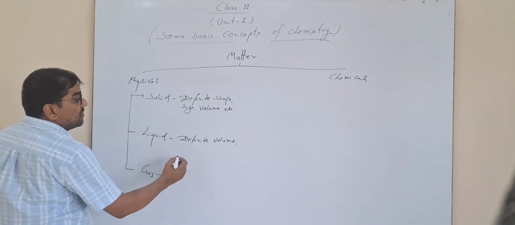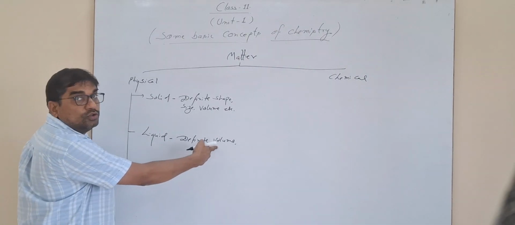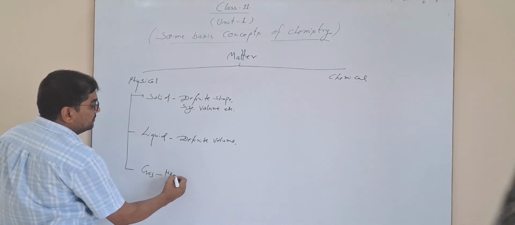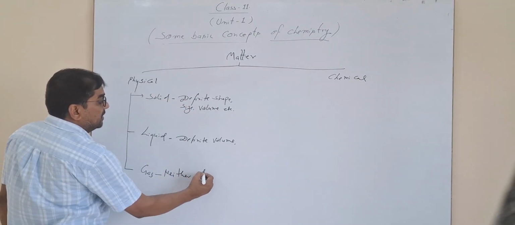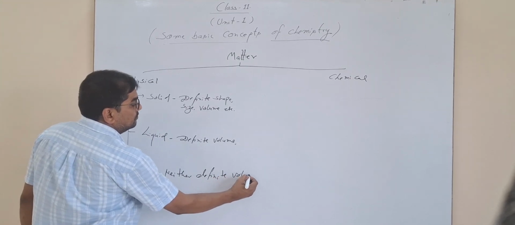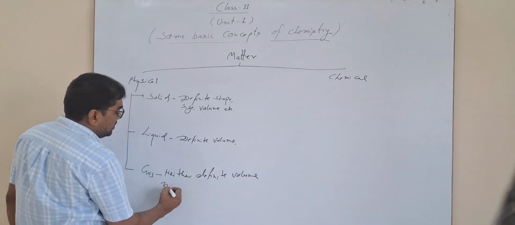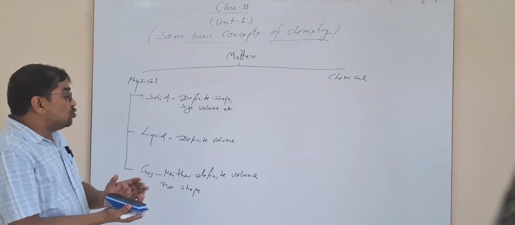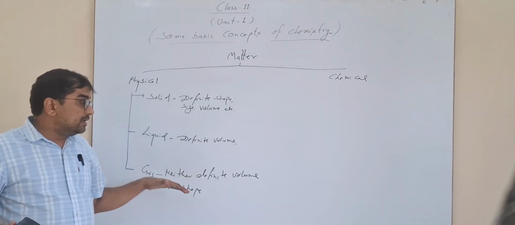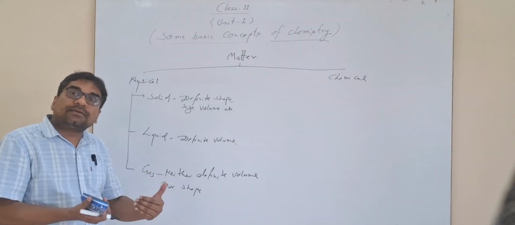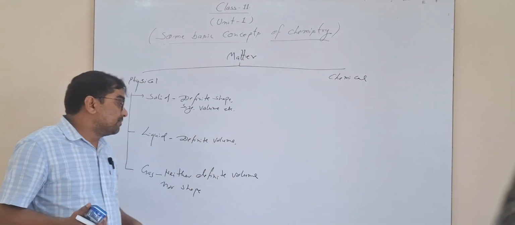What are gases? Neither definite volume nor definite shape. Gases occupy the whole container in which they are filled, and their shape will be the same as the shape of the container.